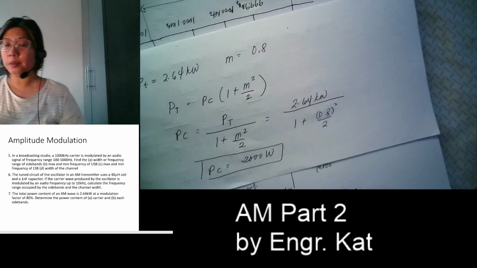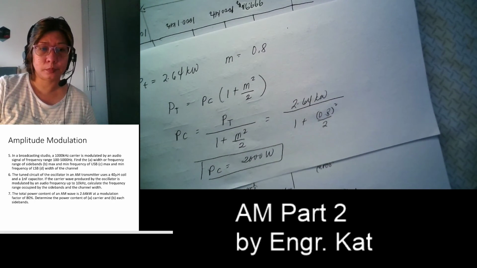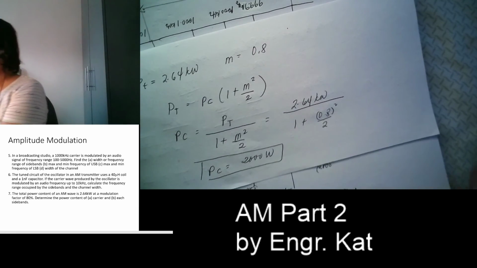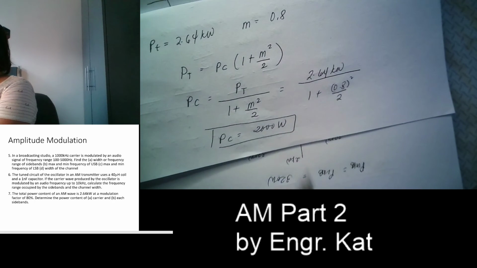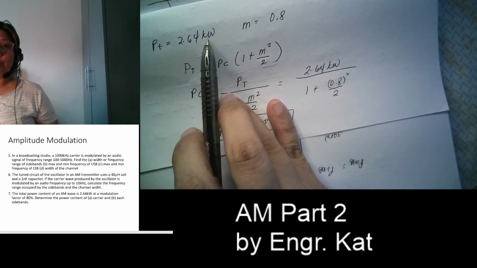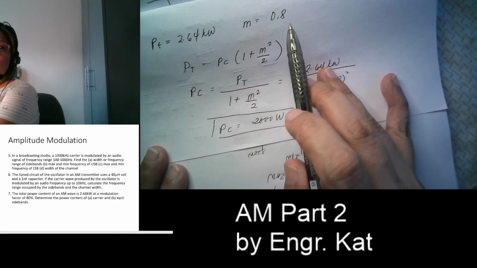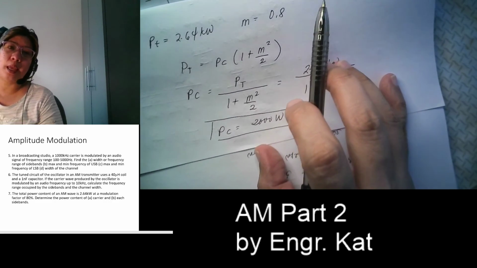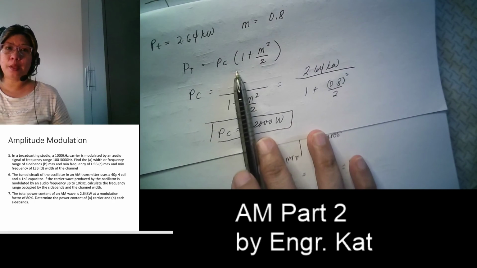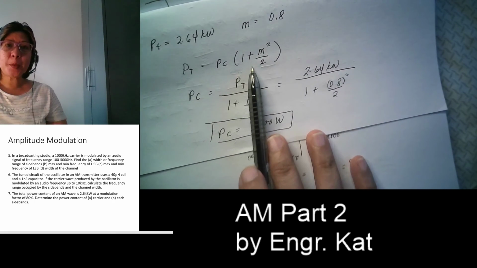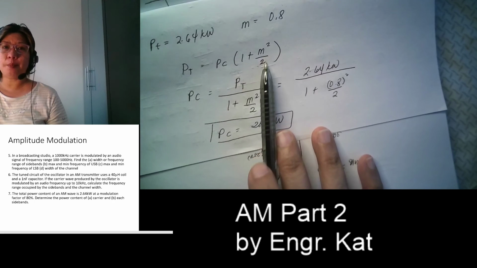So we have here your solution. We are given your total power to be 2.64 kilowatts and our modulation coefficient is 0.8. So this is from the 80%. Okay? So the total transmitted power is equivalent to the carrier power multiplied by 1 plus m squared all over 2.